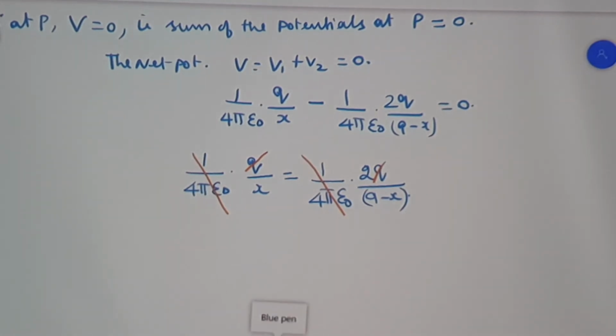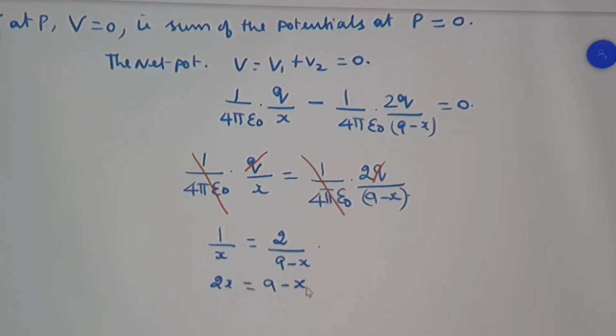What is the remaining thing? The remaining is 1 divided by x is equal to 2 divided by 9 minus x. Make a cross multiplication and simplify. So you will get 2x is equal to 9 minus x.